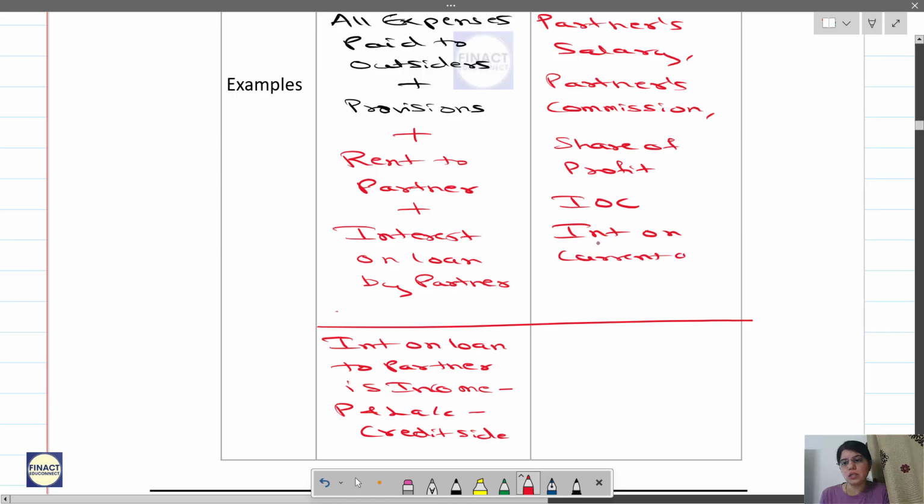We'll learn how to calculate interest on current account. It's similar to capital only, nothing much in that. So the calculation, everything is same.